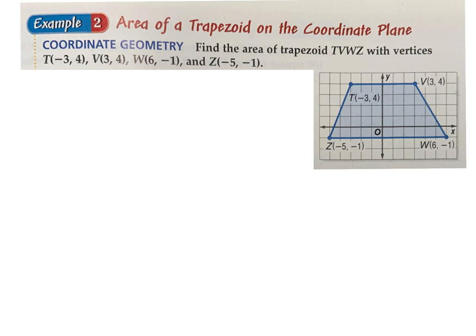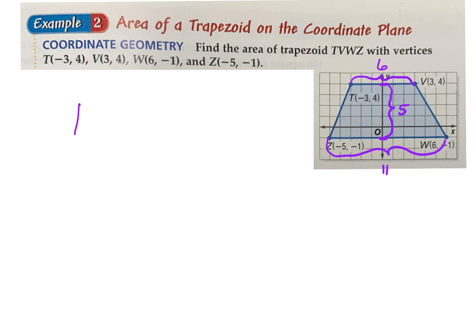So if I were looking at the height of this entire trapezoid, I am going to go from -1 all the way up to 4. So what's the height of this trapezoid? 5. It's going to be 5. And if I'm looking at the first base, we'll do this one up here. I'm going to go from -3 to +3, which is 6. And then the bottom base here from -5 to +6 is 11.